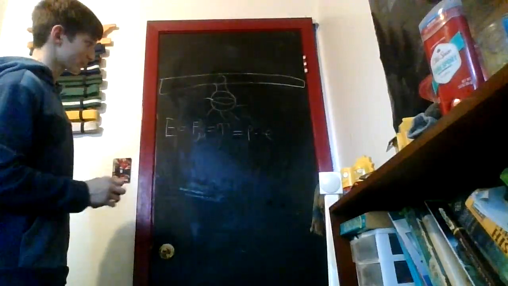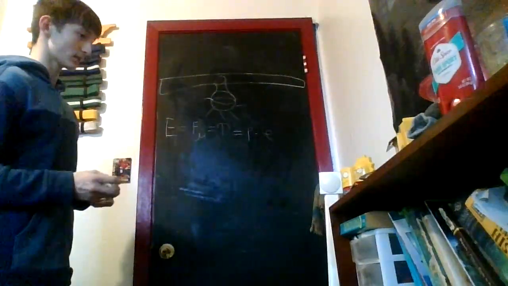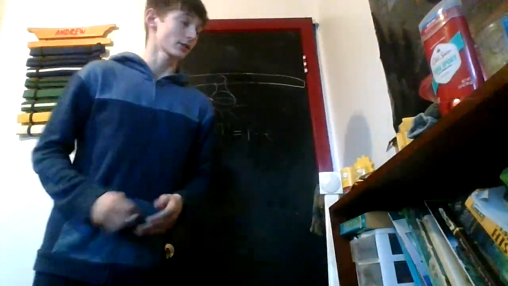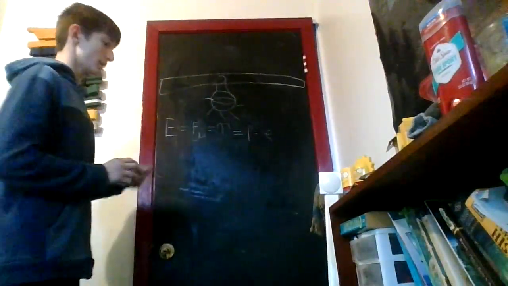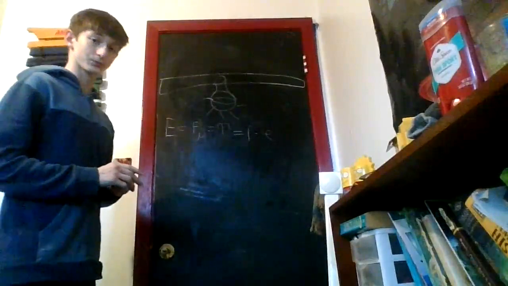This is simplified. A proton mixes with an electron, and that creates temperature. That temperature creates static friction, which in turn creates electricity.